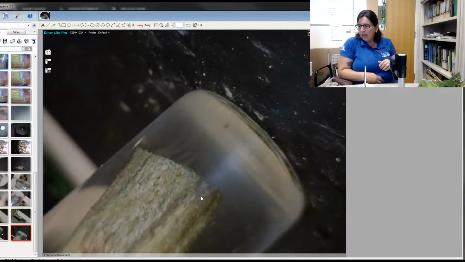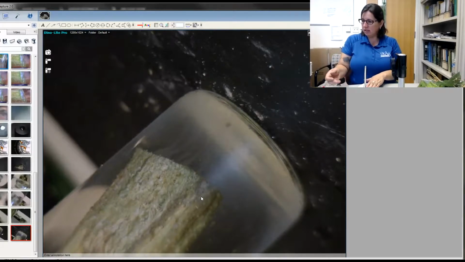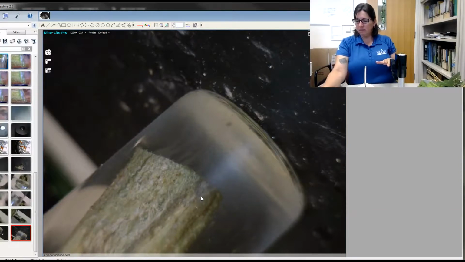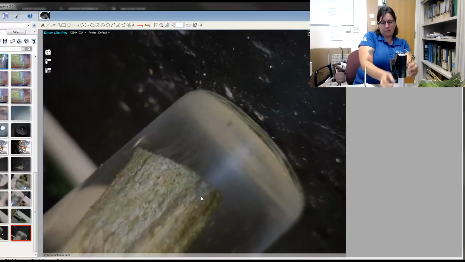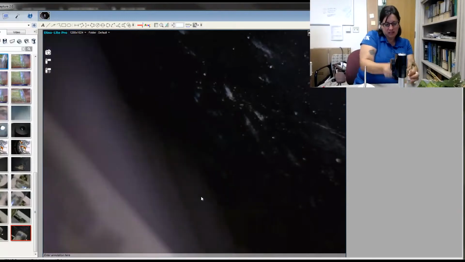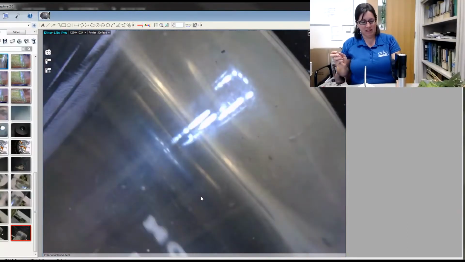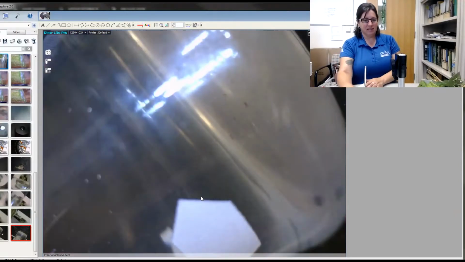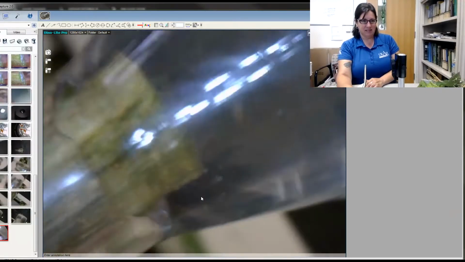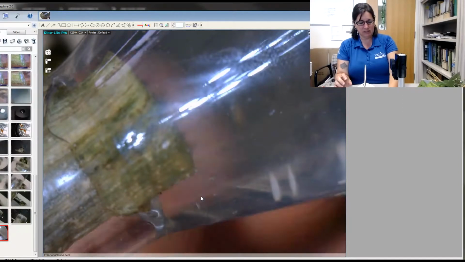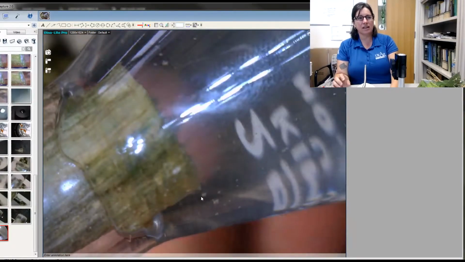And I will pan out. All right. I'm going to pan out on these so you can see the other way as well. Now this is a glass container. Here we go.